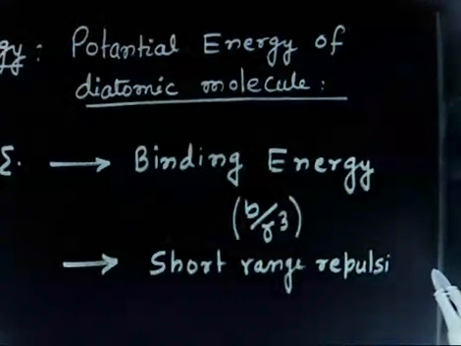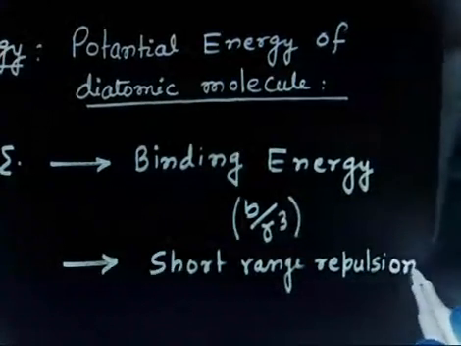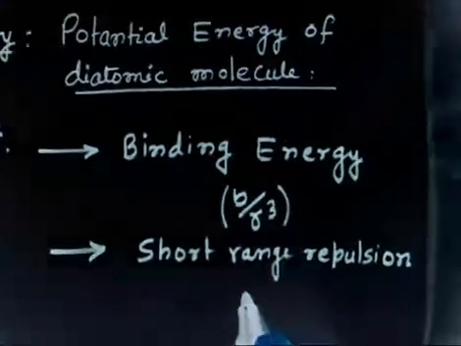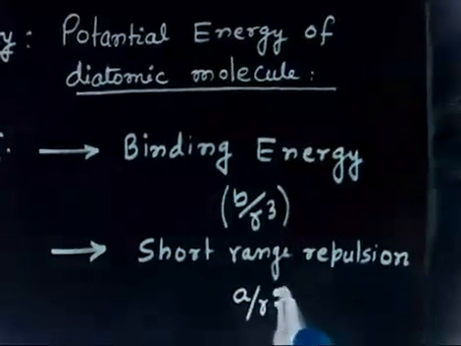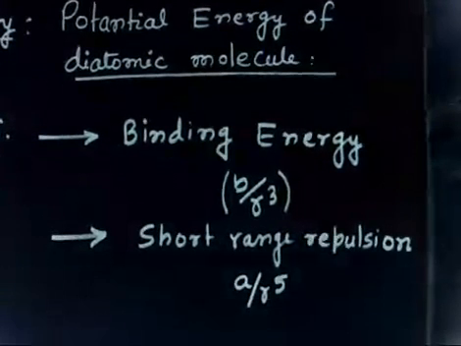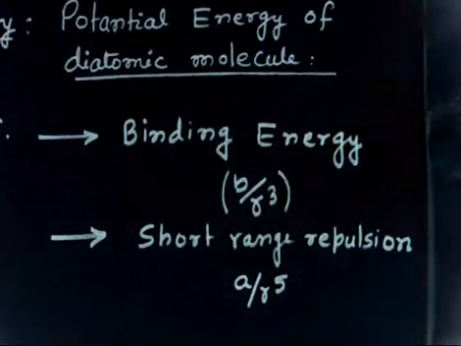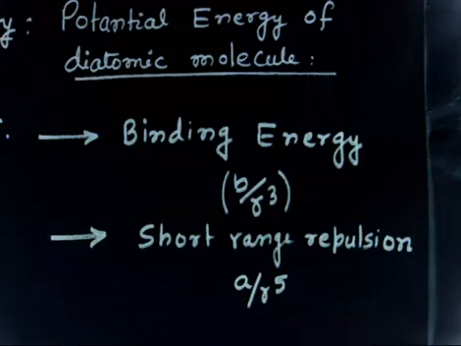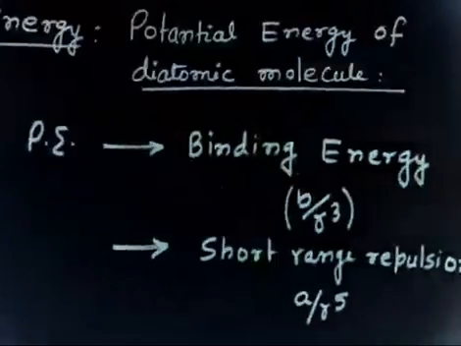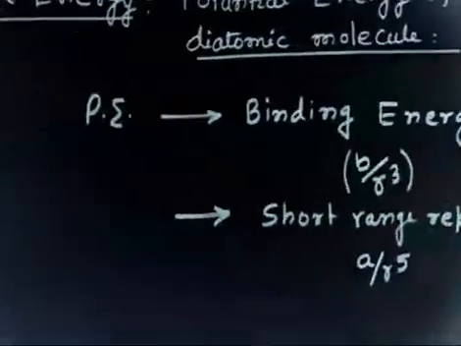And short range repulsion is given by this term A by R to the power 5. This is a repulsion, this is a binding energy term. Of course, the binding energy term is an energy loss. So potential energy is given by these two terms, where R is the distance between the atoms.